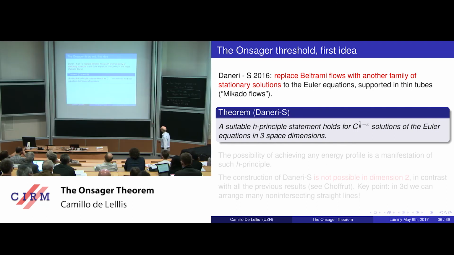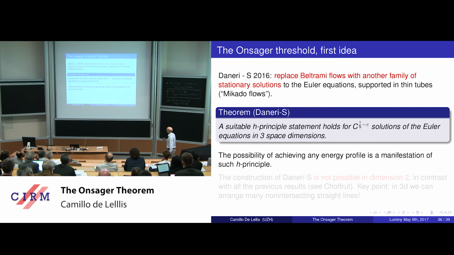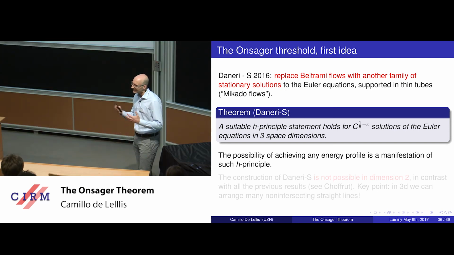So the possibility of achieving any energy profile, which was our previous theorem, is just a corollary of this h-principle. The existence of solutions which dissipate the energy is just a corollary of this h-principle, which is telling you that there are plenty of solutions in low regularity.